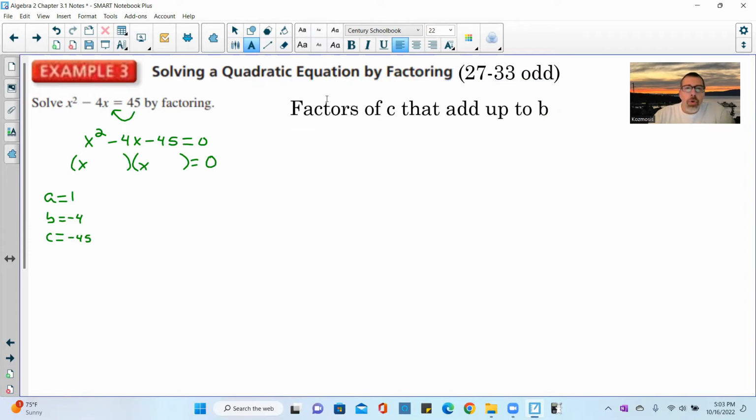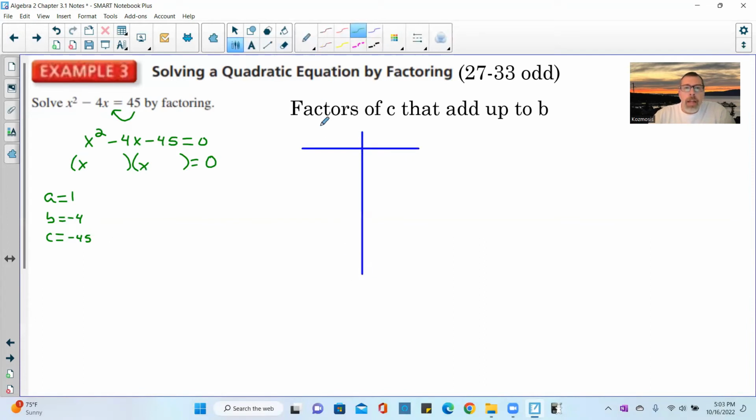Okay, so what I'm going to do is I'm going to do a table here. And I want factors of C over here, and the sum, which will give us B. Okay, the sum equals B. So what are factors of C? Well, what is C?